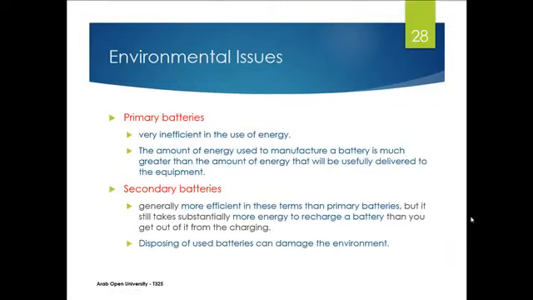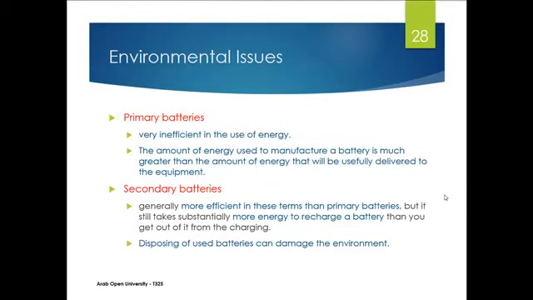Now let's have a look at the environmental issues related to batteries. Primary batteries are in general very inefficient in the use of energy, mainly because we put a lot of energy into manufacturing a battery, much higher than the amount of energy this battery will give us when we put it in equipment. This problem is somewhat solved with a secondary battery, where we can recharge the battery a number of times depending on the recharge cycles.